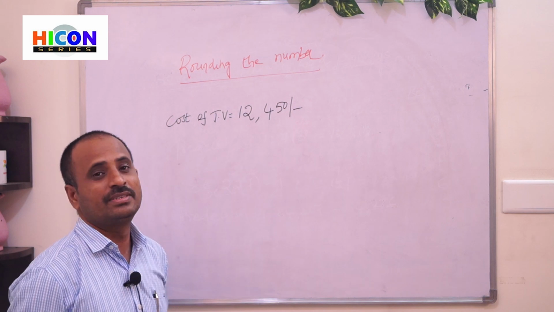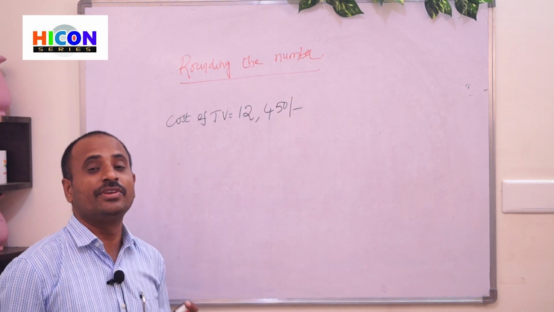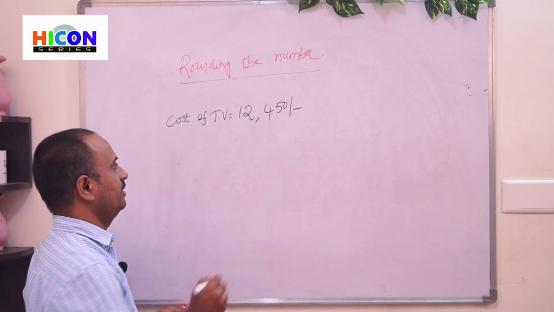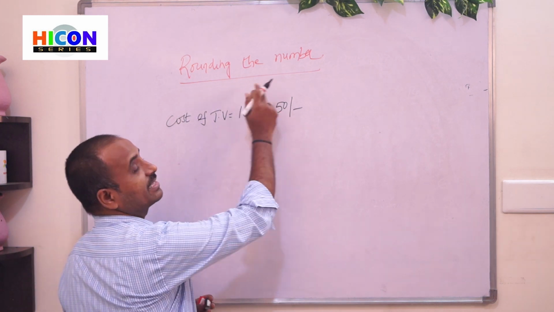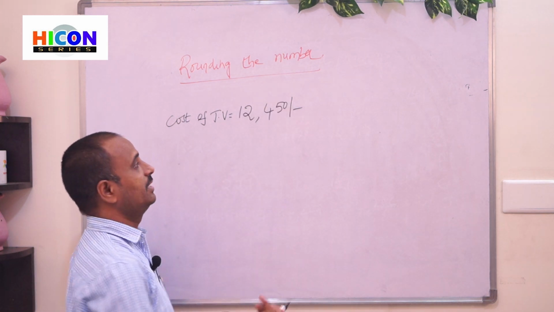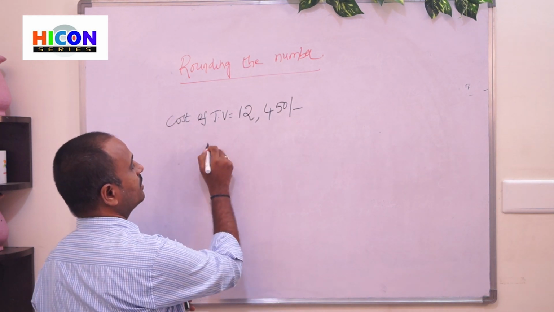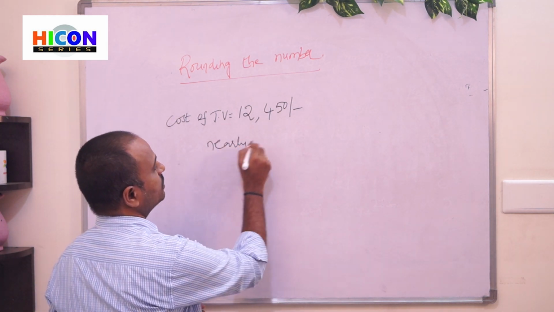Just like we will say the cost of the TV is nearly 12,000. So if we don't remember the exact value, then we will say that the cost of the TV is nearly 12,000 rupees.